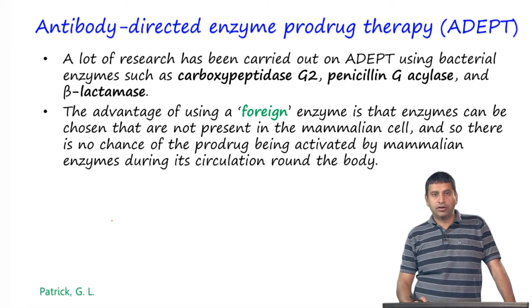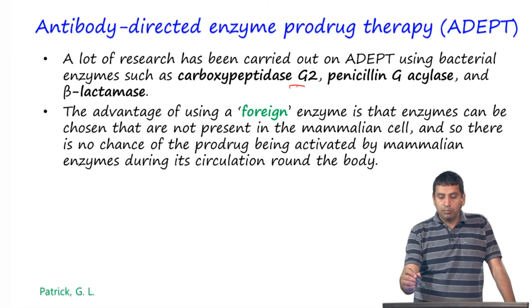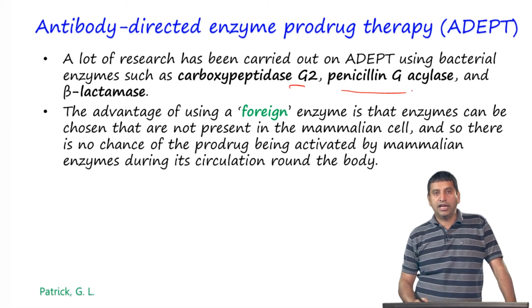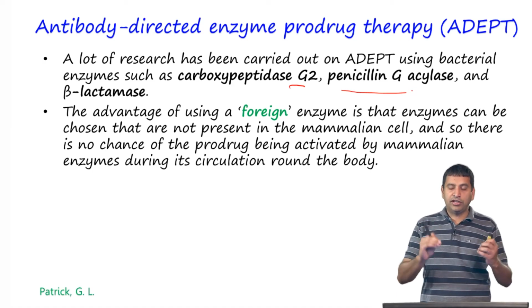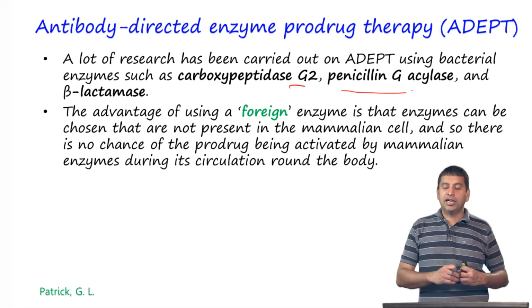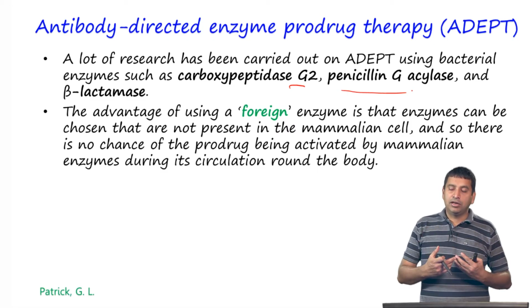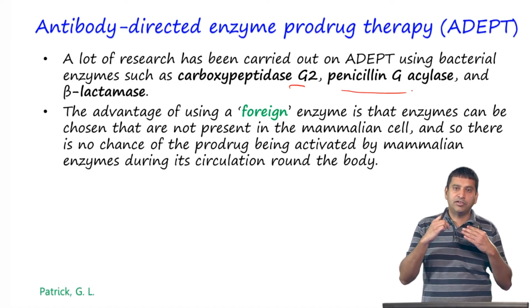A lot of research has been carried out on ADEPT, and a number of bacterial enzymes have been identified to carry out this process. The example we looked at is carboxypeptidase, but you can also have penicillin G acylase and beta-lactamase. As I mentioned earlier, the advantage of using an enzyme that is not present in humans, also called a foreign enzyme, is that metabolism of the prodrug happens only where this enzyme is present.